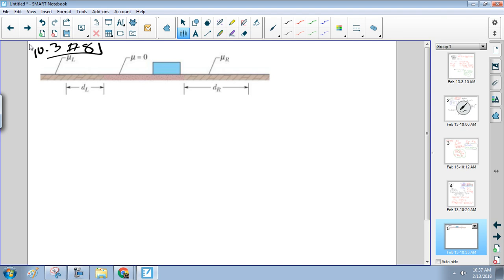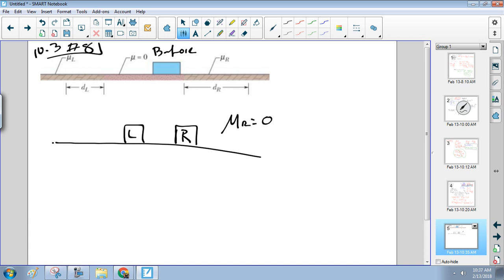Okay, so this is the before, right? So here's block R, here's block L. So here's what we know. We know that the coefficient of friction on the right is 0.5. We know that the coefficient of friction on the left is 0.4. We know that the mass on the left is 2 kilograms.